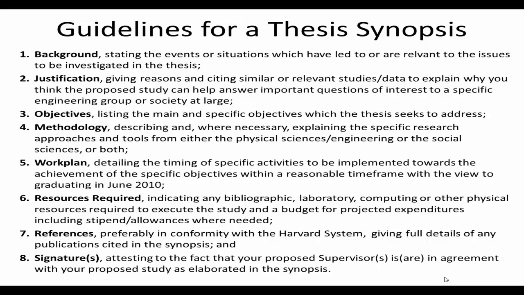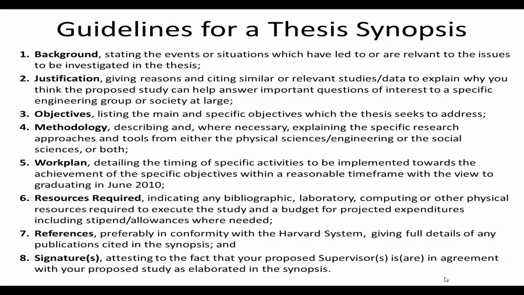A library, a laboratory, a computer network. You need to spell out what resources would be required, and then the references that you have used for the research proposal or the thesis synopsis. And quite often we want to see signatures of your supervisors to indicate that you've consulted with them and that the research proposal has been done with their blessing, if you like.